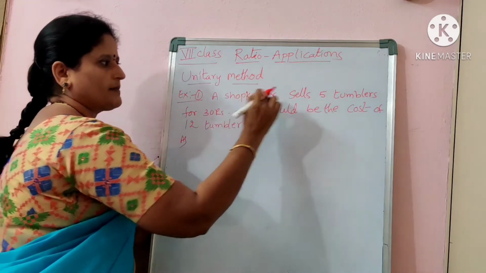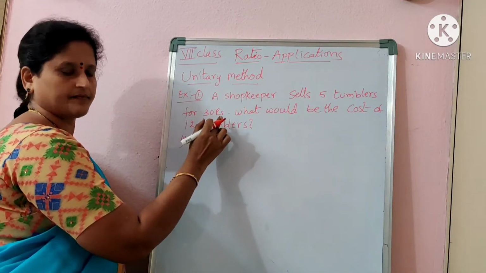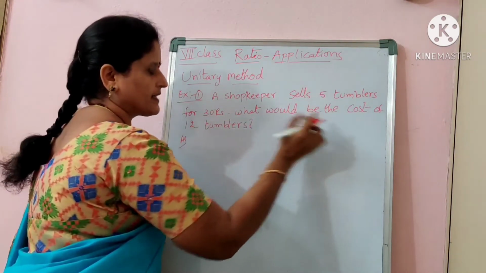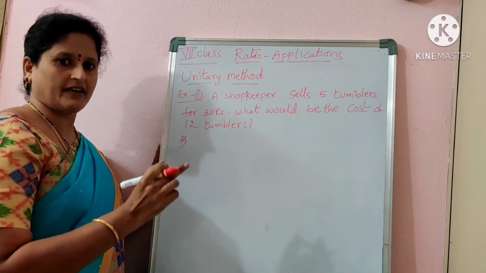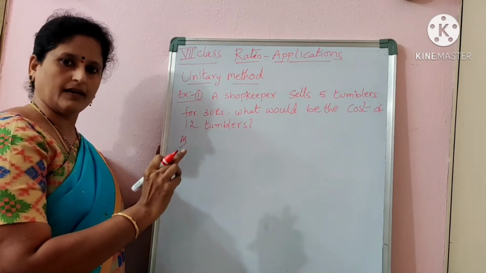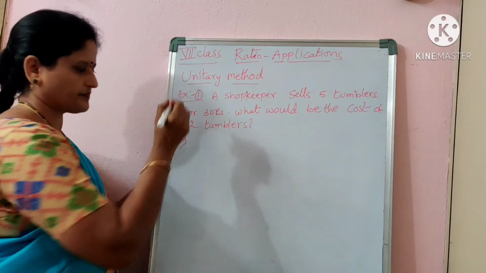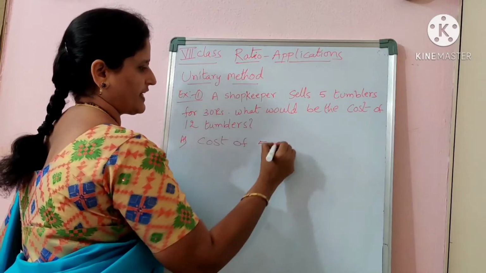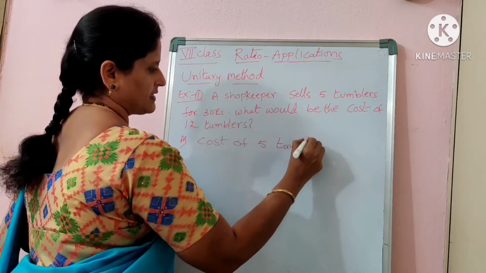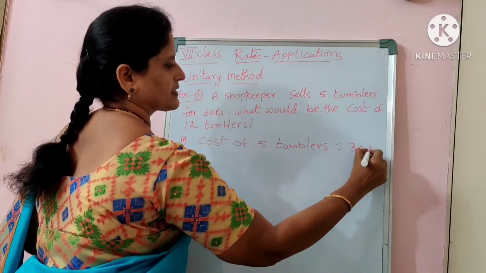So, example. A shopkeeper sells 5 tumblers for 30 rupees. What would be the cost of 12 tumblers? We first find the cost of 1 tumbler and then we find the cost of 12 tumblers. Cost of 5 tumblers is equal to 30 rupees.